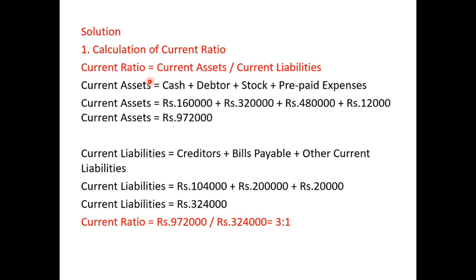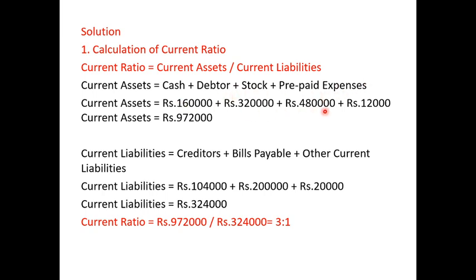So what are the current assets in the problem? In the balance sheet, we can see cash, debtors, stock and prepaid expenses. These are all the current assets given in the balance sheet.